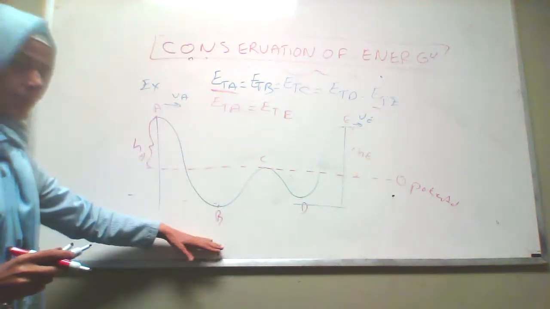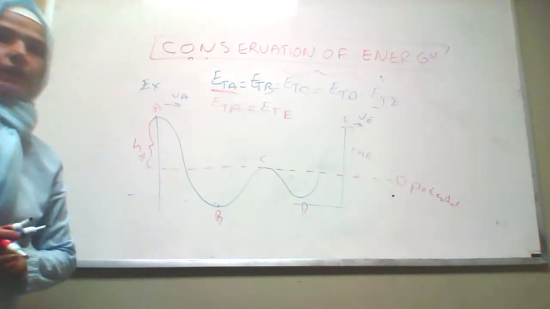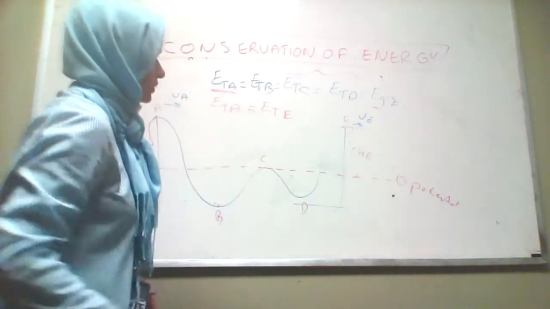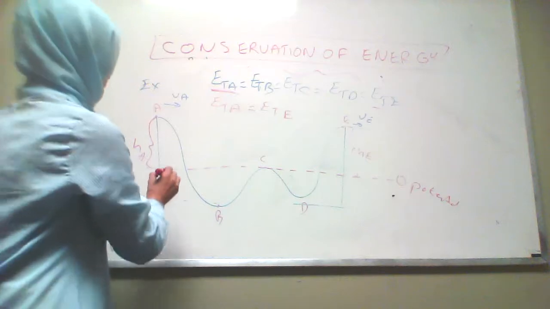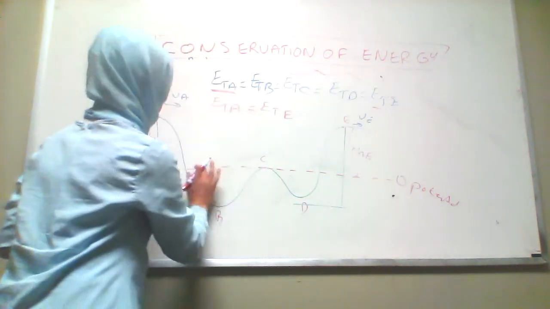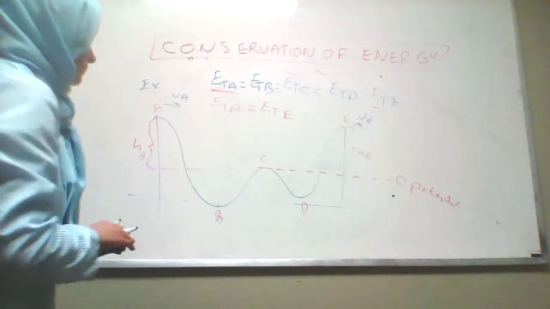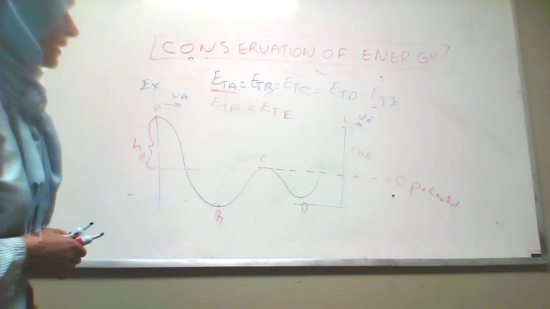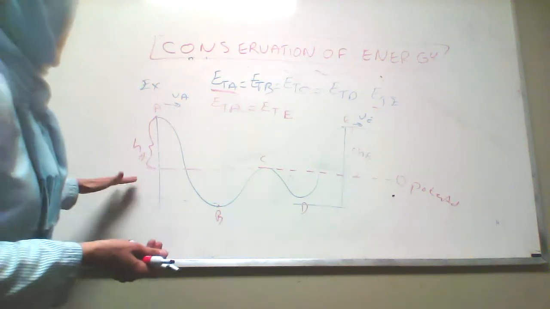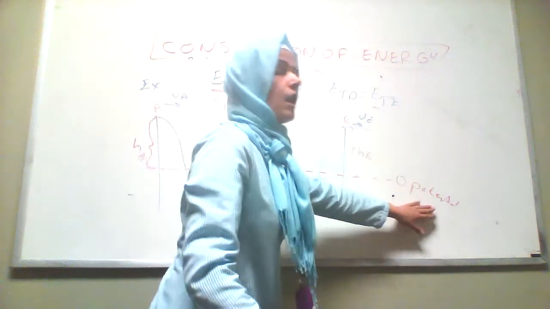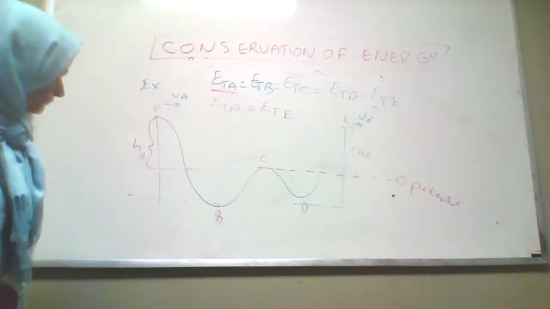Ignore the rest. If I'm not dealing with B, C, D, I don't have to go there. I don't have to do all these calculations and lose time there. They should be aligned, by the way, not a curve. So this is the idea. If I want, I can choose any position to be zero potential, but I have to stick with it.